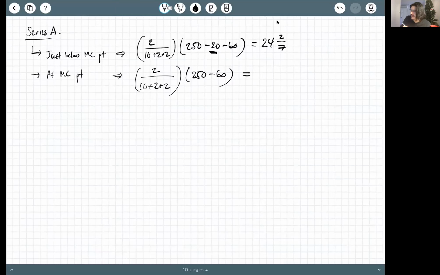So if we do the math here, we get 27 1/7 million. So if we look at the difference, there's a jump. The jump is equal to 2.67, 2 2/6 million.